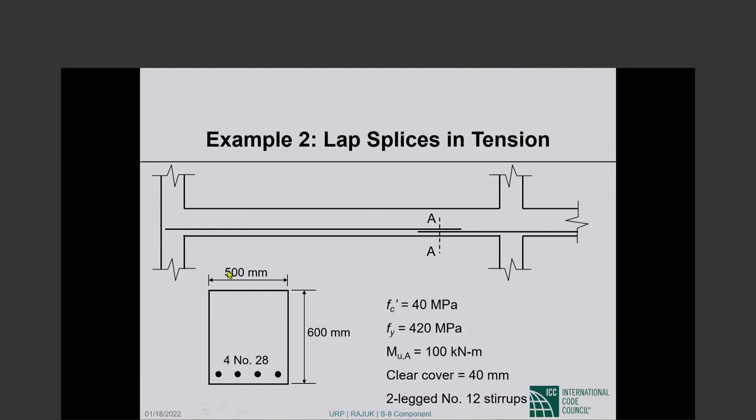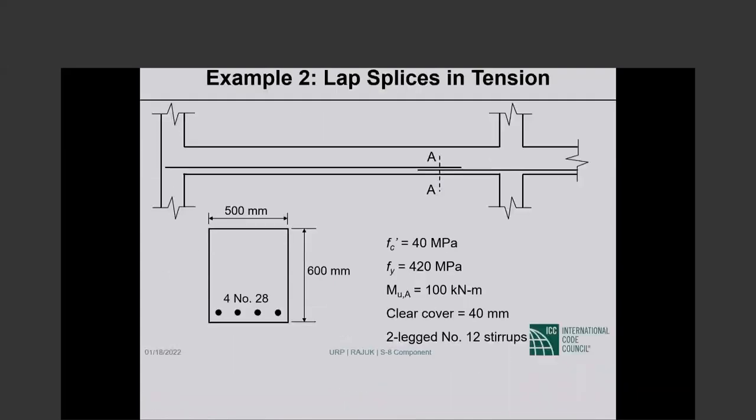Okay. The section is shown here, 500 by 600 millimeters. We have 4 number 28 bars at the bottom, F sub C prime 440, F sub Y 420 MPa, M sub U, the required moment strength at that section is 100 kilonewton meters. Clear cover is 40 millimeters, 2-legged, number 12 stirrups.